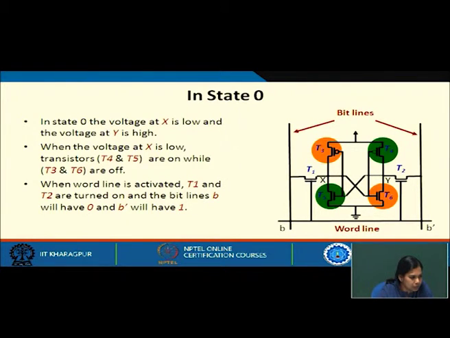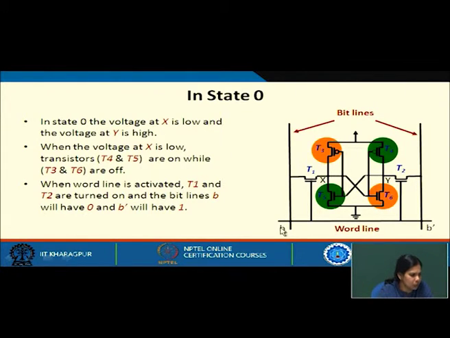If it is going to T6 and this is 0, then T6 will be off, but T4 will be on. Now, y is 1, so T5 will be on, but T3 will be off. So, T4 and T5 will be on, while T3 and T6 will be off.